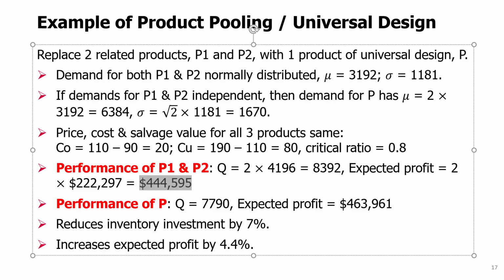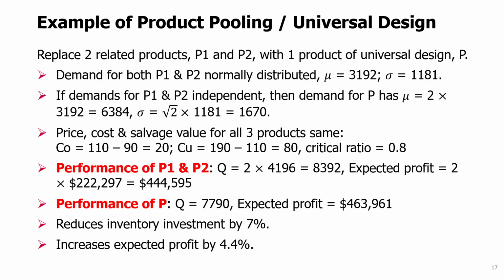However, if you consider the performance of the universal design, the product P, the quantity you need to order is smaller than 2 times 4,196, and the expected profit is also larger. So we have benefits in both dimensions. We order less inventory by about 7%, and yet the profit increases by about 4.4%.